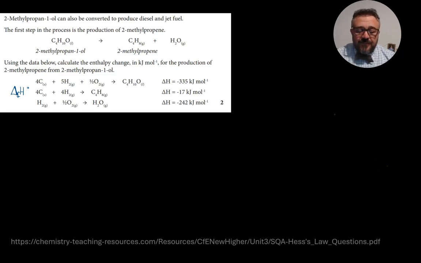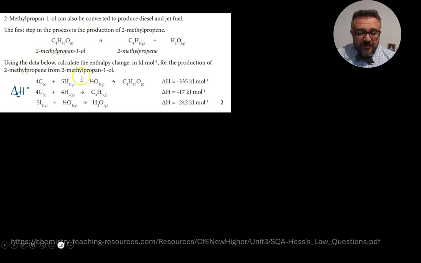Alrighty, so here we have a question. These are all IB questions. 2-methylpropan-1-ol can also be converted to produce diesel and jet fuel. The first step of the process is the production of 2-methylpropene, and here we go, propanol to 2-methylpropene. It gives us water over here.